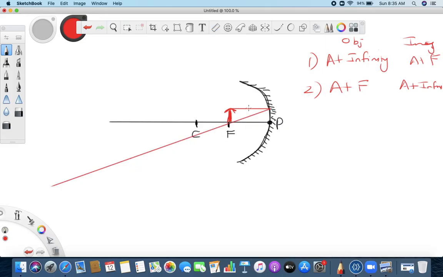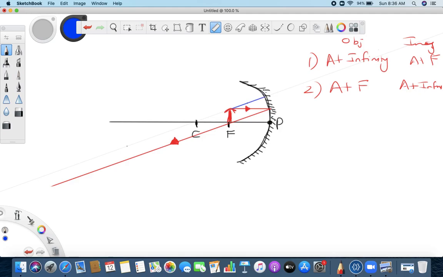So, this is your incident ray. Now, you have to show this small arrow, because then only the teacher will know which one is the incident ray and which one is your reflected ray. So always show it with an arrow, then only it is going to help us. So this is your first. Now I said we have to take two rays. So I am going to draw a ray which is here.